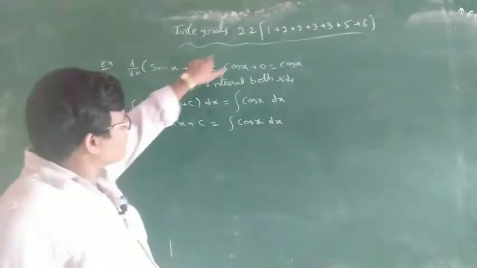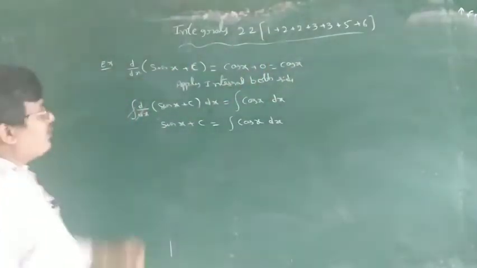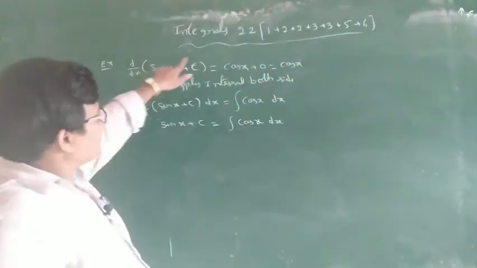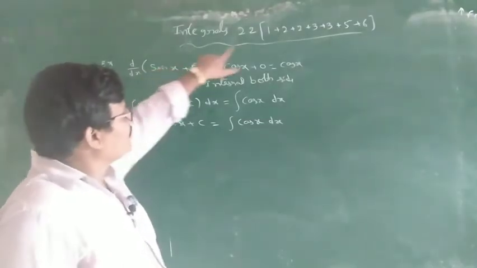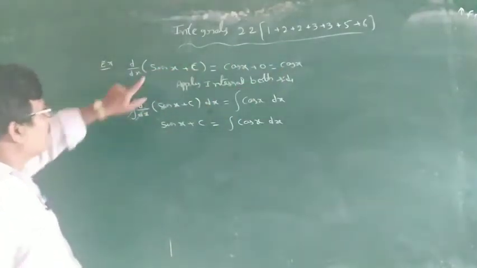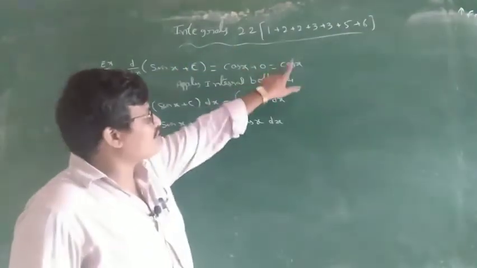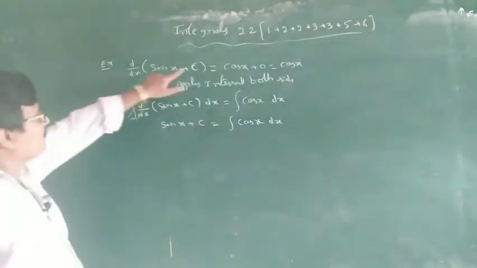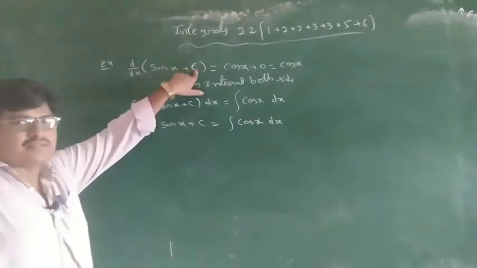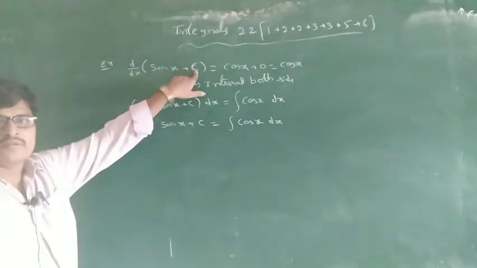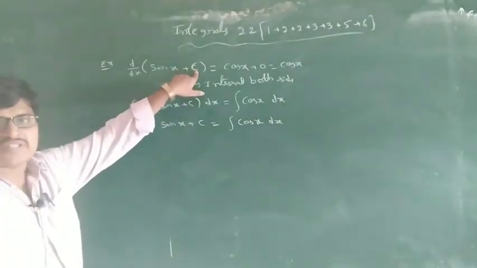Because the derivative of sin x is cos x, the derivative of sin x plus c is also cos x. The derivative of sin x plus 100, or sin x minus 100, any constant, is also 0. So the constant is missing.